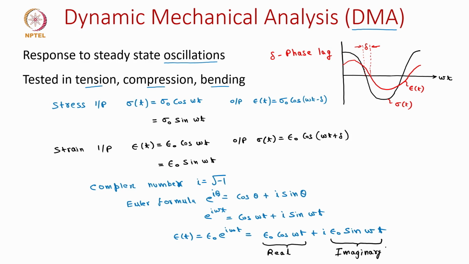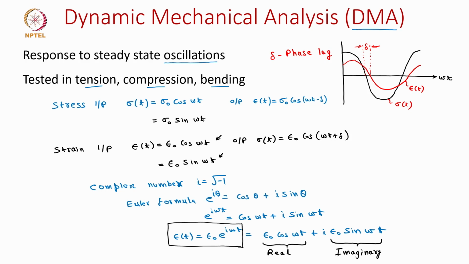The reason why we are emphasizing this is the real part becomes the input shown here, and the imaginary part is the second input shown here as epsilon naught sin omega t. So, if I am able to write it in this format, essentially I am taking care of both the inputs, both the cosine input as well as the sine input.